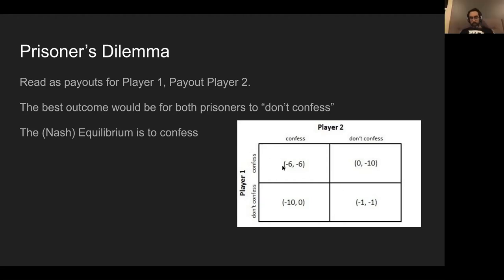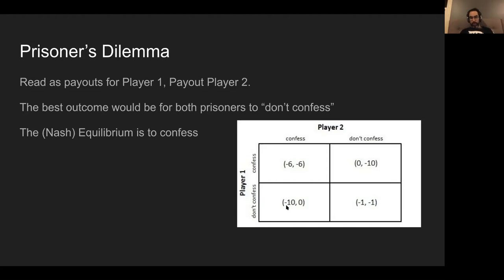So a Nash equilibrium is when you make a choice where you have no reason to deviate. The prisoner's dilemma is always taught initially because if you are player 1 or player 2 and you don't know what the other person is doing, you always have an equilibrium of confessing, because of your payout of confessing versus not confessing.